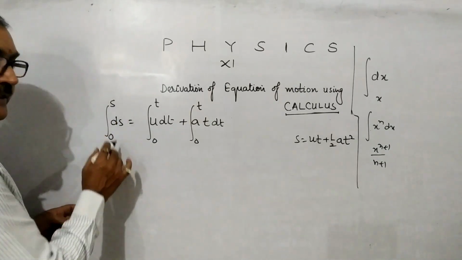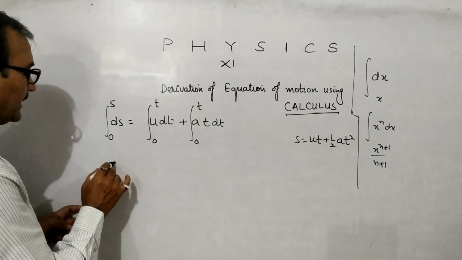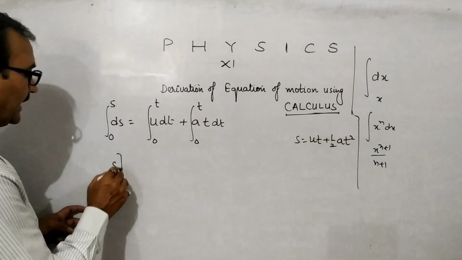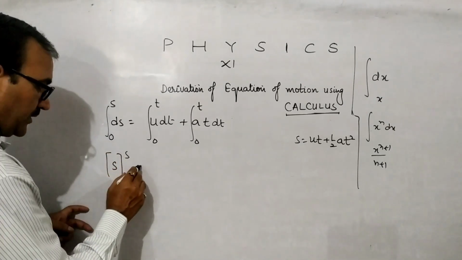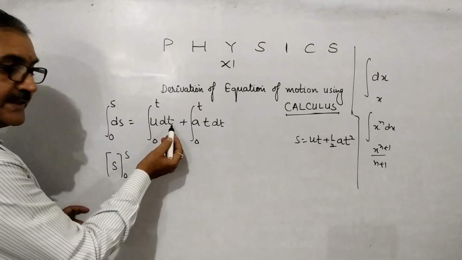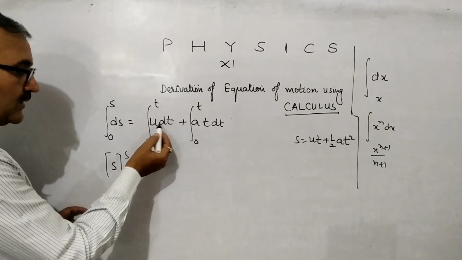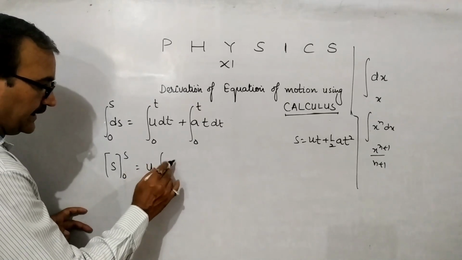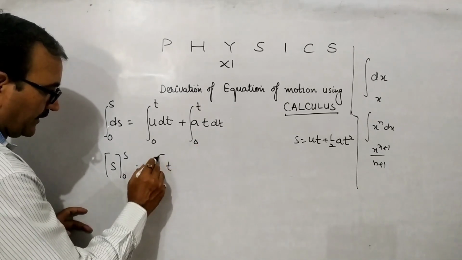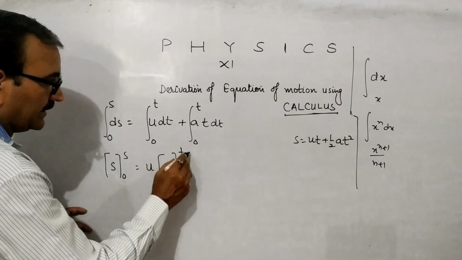So here integration ds, you can write that is s, and limiting value that is 0 to s. Okay. Here because we are integrating with respect to t, u is taken as a constant, that is u integration dt, t, and limit 0 to t.